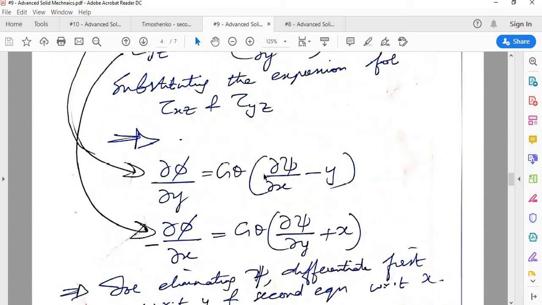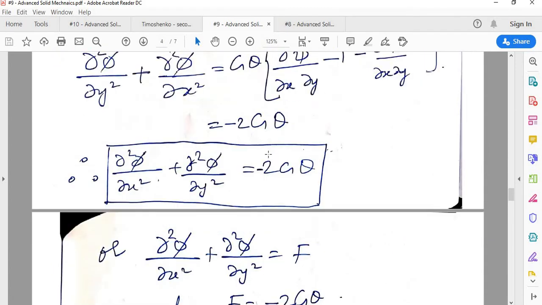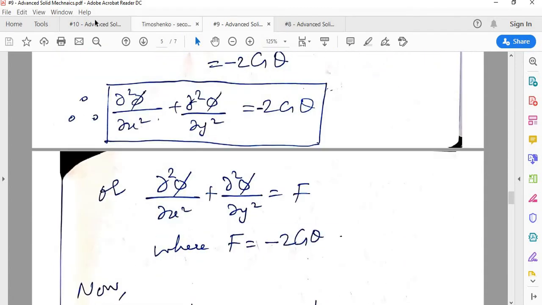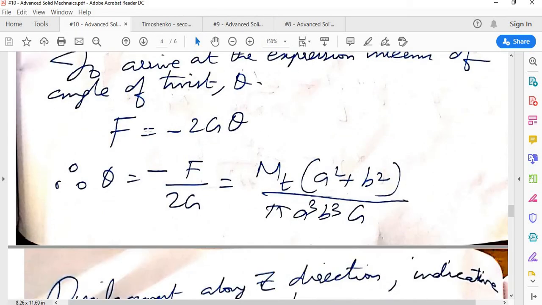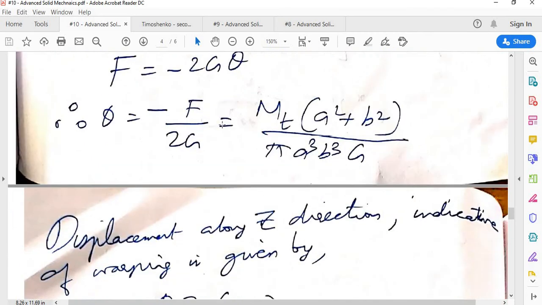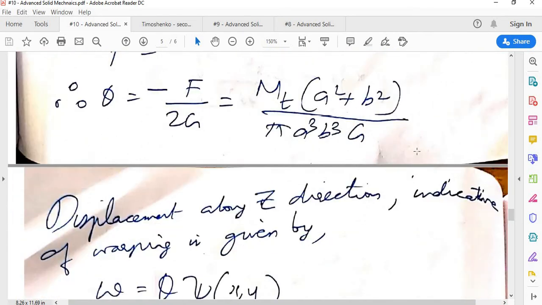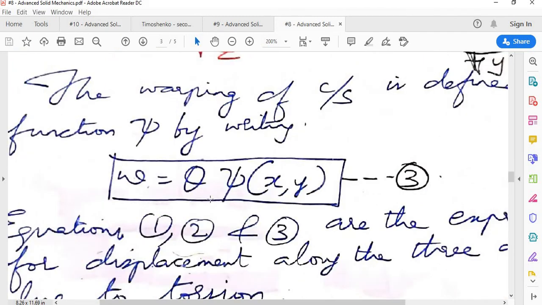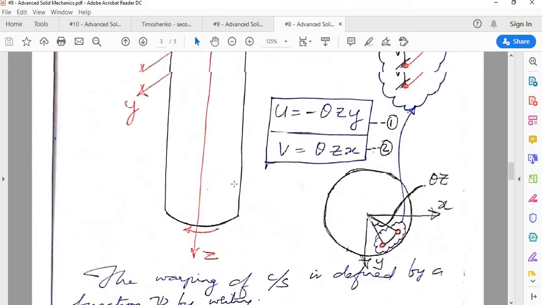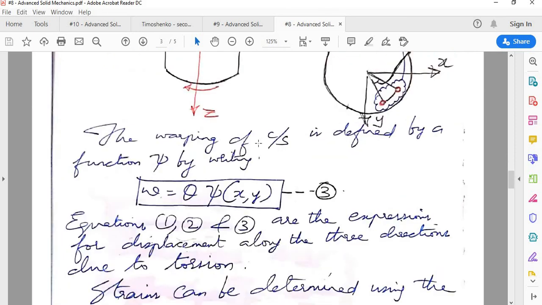You know what F is, and G, the modulus of rigidity, is known. Using that you can calculate the twist. Remember, this is twist per unit length, because that is what we had assumed here. Theta is twist per unit length.